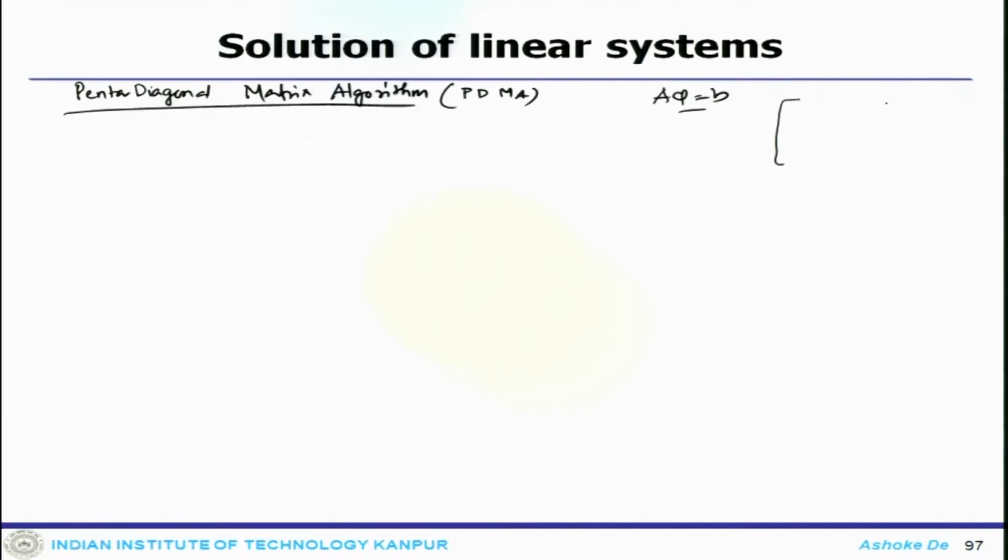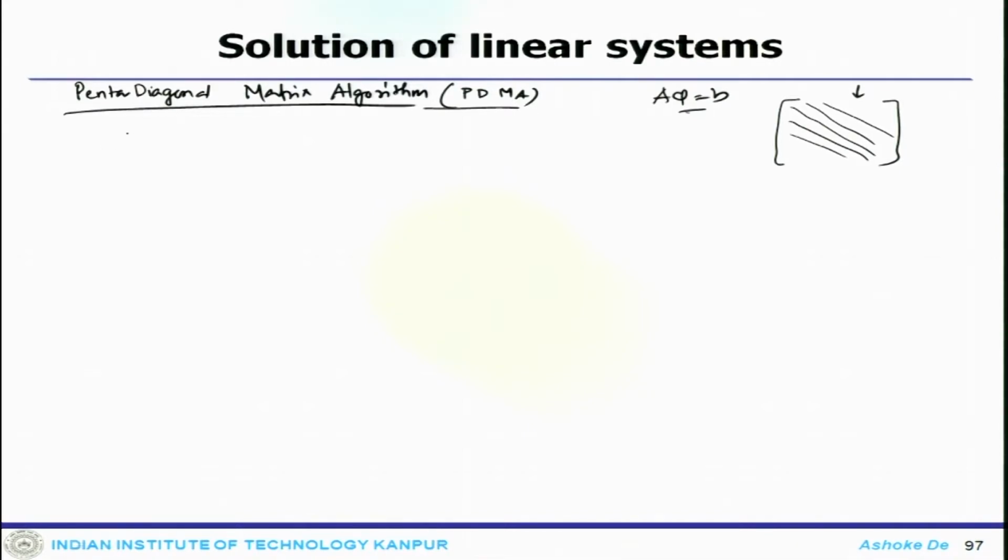Now, if someone discretizes the diffusion equation in a two dimensional system, he gets essentially this kind of a pentadiagonal system. That means not 3, you have a 5 banded system. So, in two dimensions the diffusion equation discretization can lead to this kind of situation. Once you get this, you can have a very specific solver which can be used for this kind of solution.